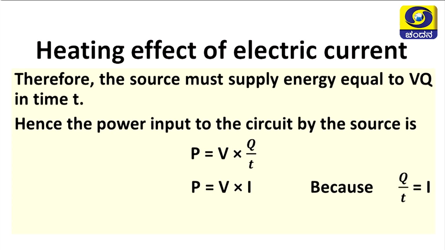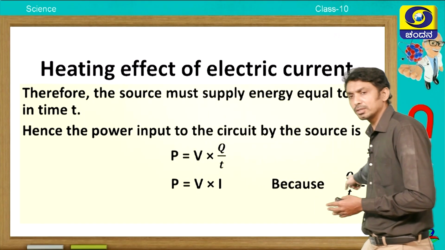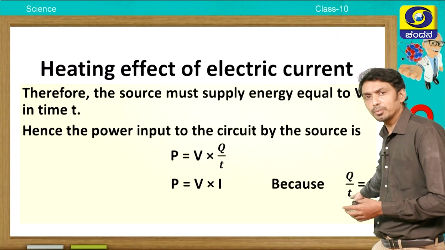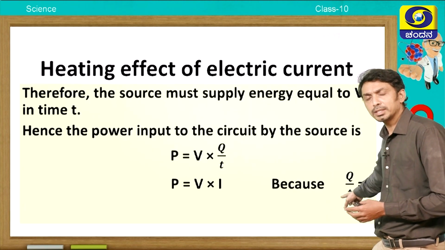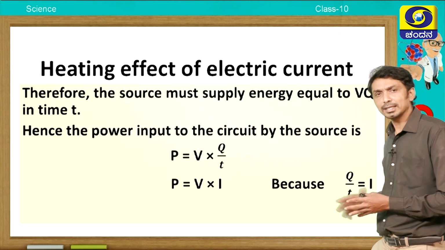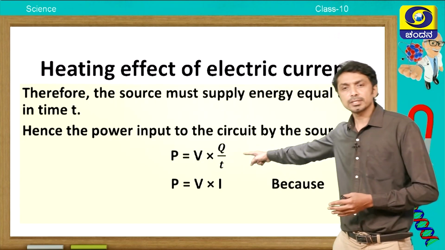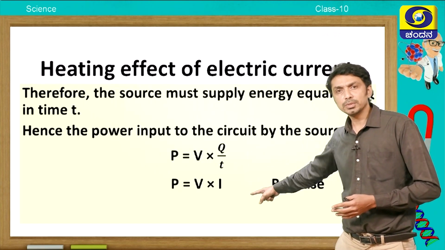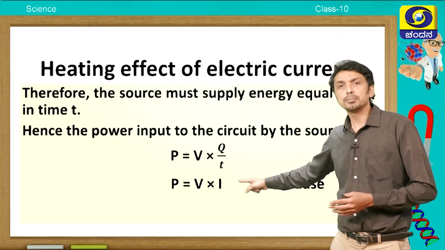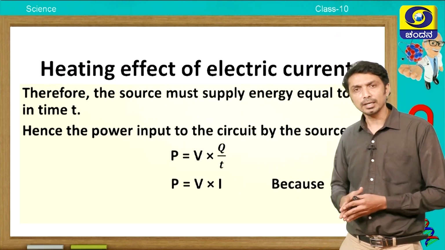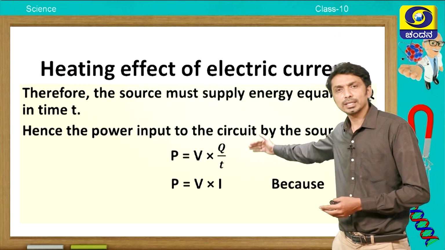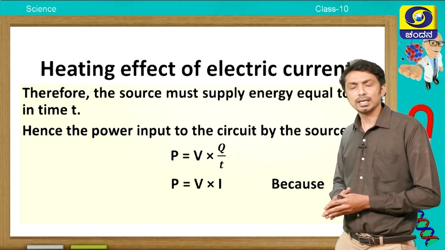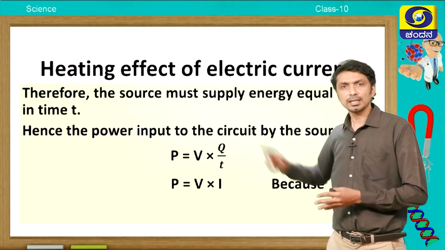That means Q is the total amount of charges passing through a point with respect to unit time, then we call it electrical current. So in place of Q by T, we have substituted I. As you can see, P is equal to V into I. So the rate of work done by electrical energy is called electrical power.